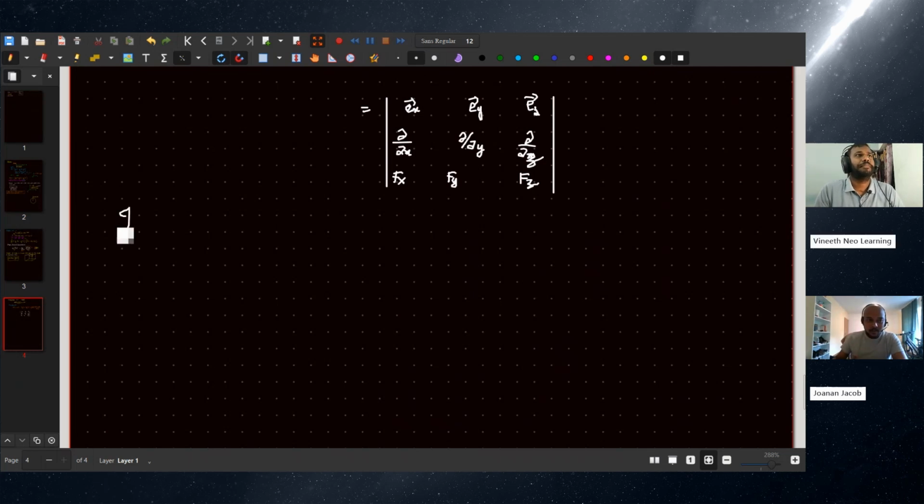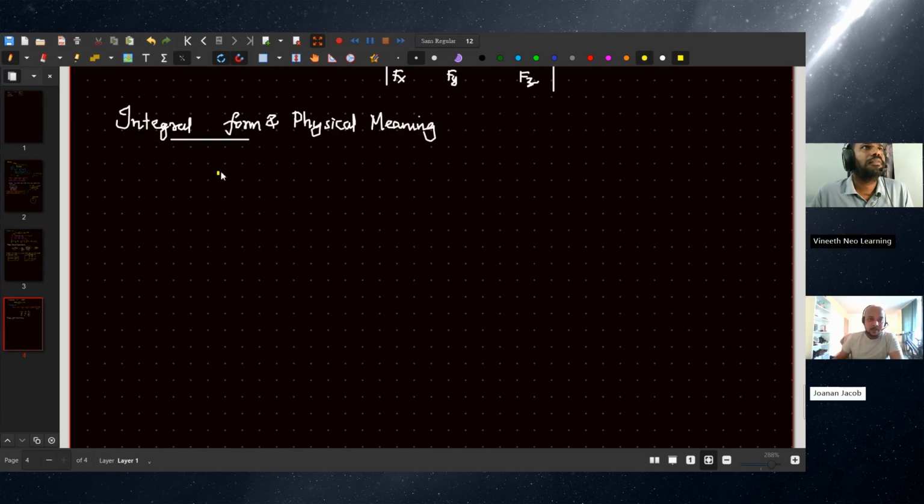Integral form and physical meaning. And this will actually give you the idea about Stokes theorem also. Okay, integral form of curl.